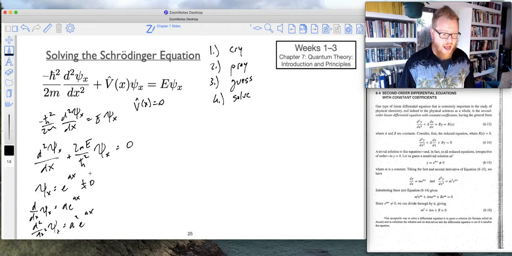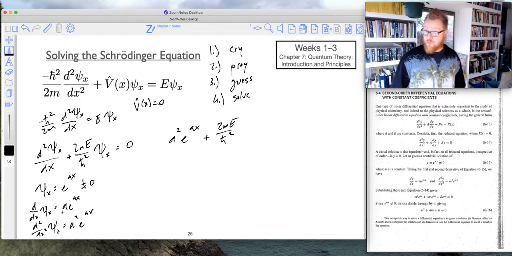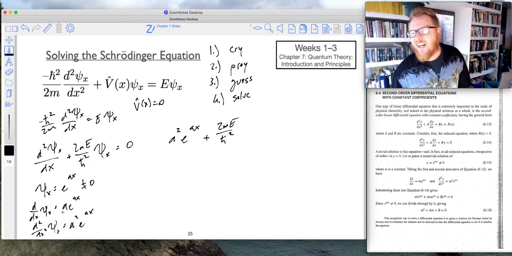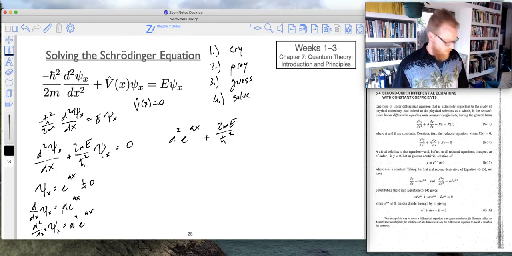And that's going to go as the following. Second derivative of psi is a squared e^(ax) plus 2mE over h bar squared. And we don't need the first derivative solution in this equation. We needed it to get the second derivative, but we don't need it to write the reduced form here.